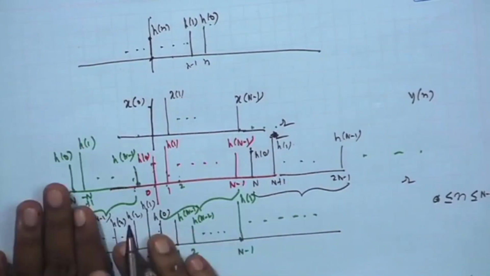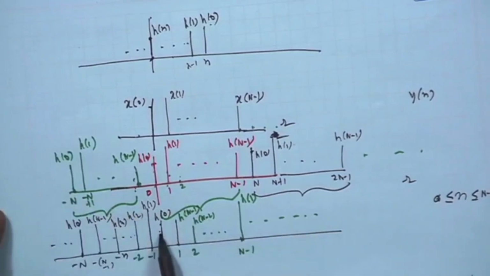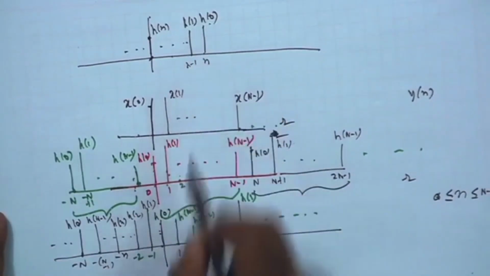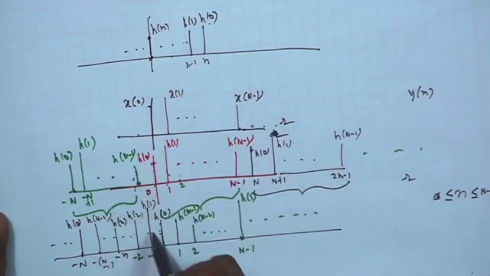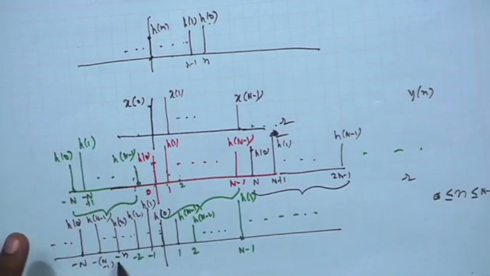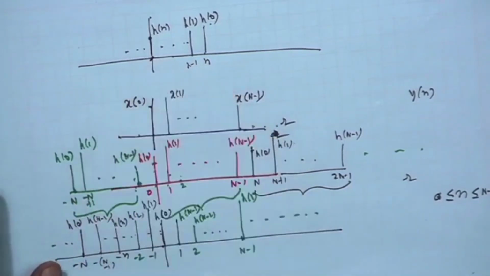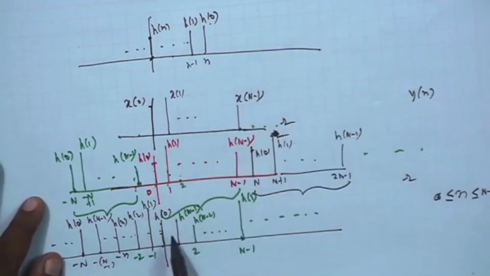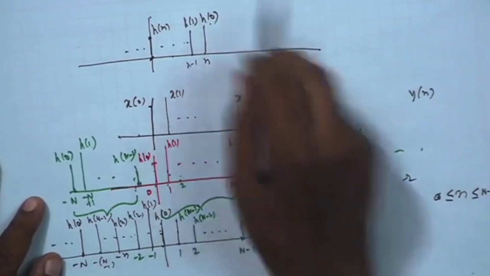So, everybody is getting shifted to the right by n. H0 moved to the nth point, H1 moved to the n minus 1th point, from minus 1 to n minus 1. Hn from minus n will shift to the right by plus n. So, plus n and minus n is 0. So, Hn will sit here, come here, dot dot dot, and before H0 I have Hn minus 1.